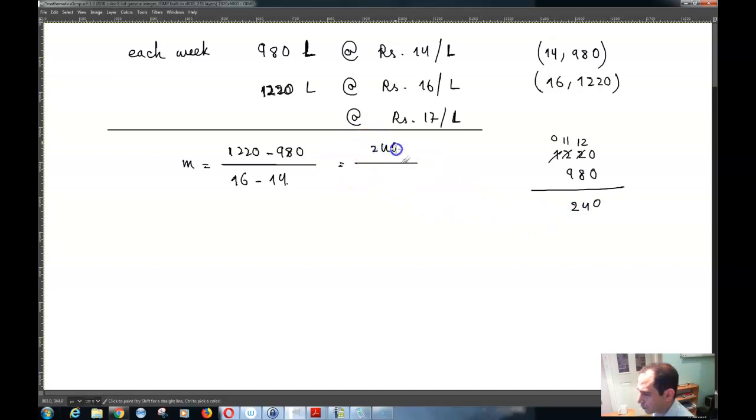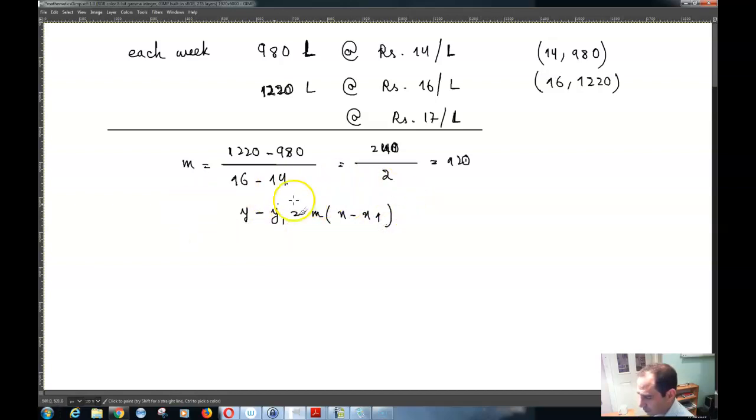This is 240 over 2, which is equal to 120. So the slope is 120. And there might be some constant as well here. We will find out. So you know that y minus y1 is equal to m times x minus x1.